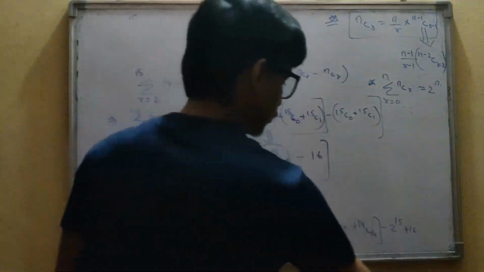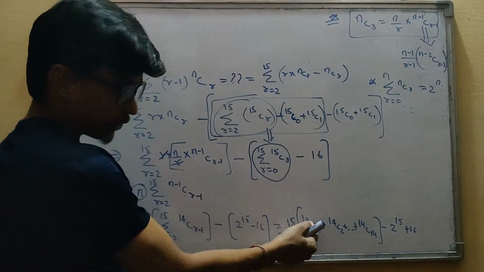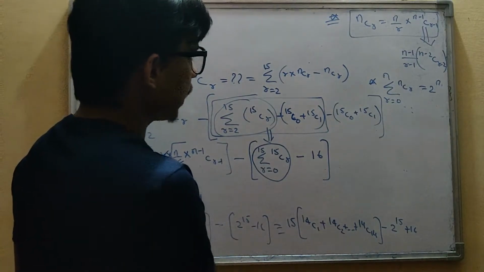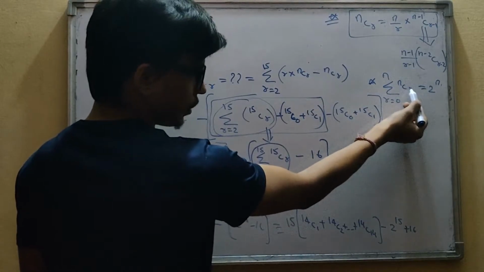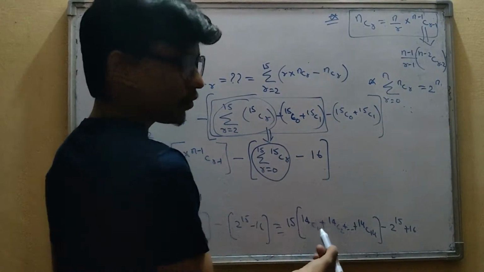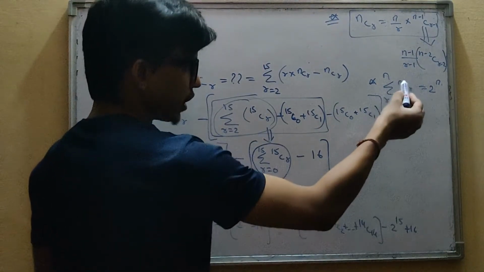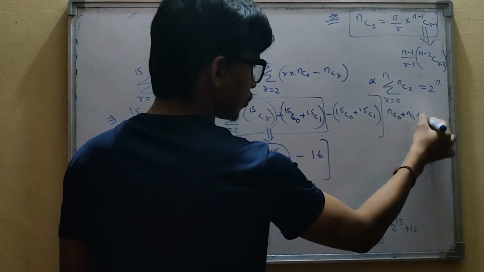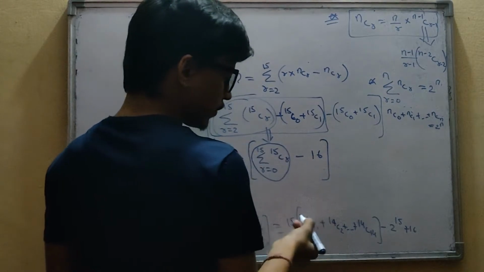Okay. Now see, it starts from 14c0. Directly by using this formula, if it starts from 0, it is not starting from 1, sorry, it is starting from 1, not 0. If it starts from 0, like this: nc0, nc1, and so on, ncn, it is going to be 2 to the power n, but it is not starting with 0.